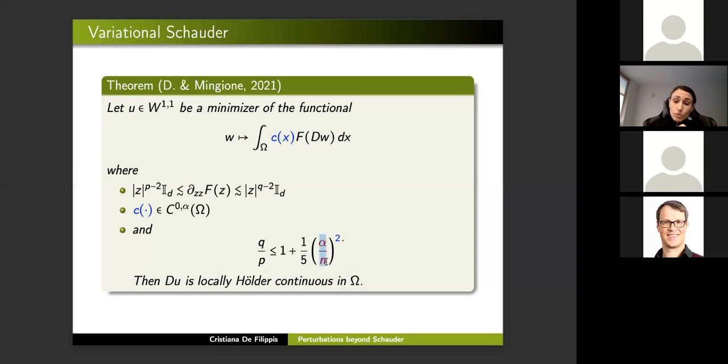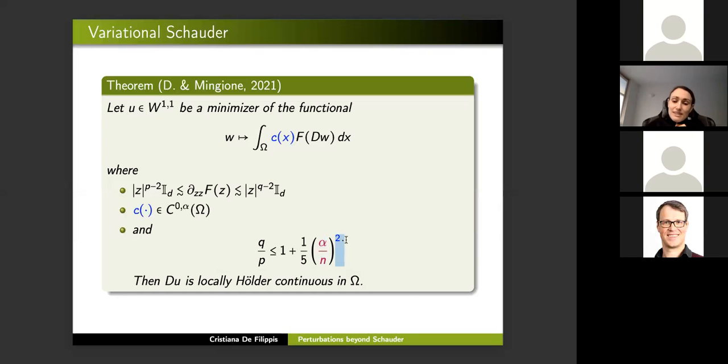Now notice this quantity, alpha over n. This is the very same quantity that appears in the double phase case, and it accounts for the interaction between the coefficient, in some sense; it accounts for the contribution of the coefficient to this problematic situation.